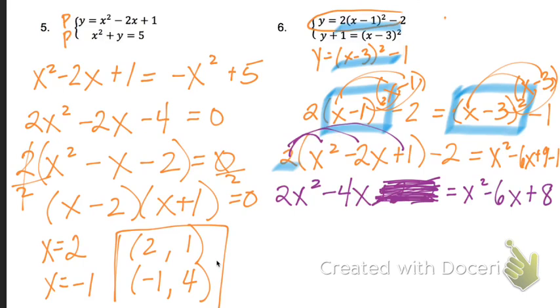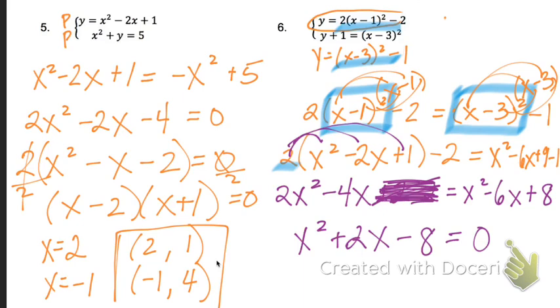Okay, from here, move everything over. So x squared, then what? Plus 2x minus 8 equals 0. Wait, my brain's not there yet.